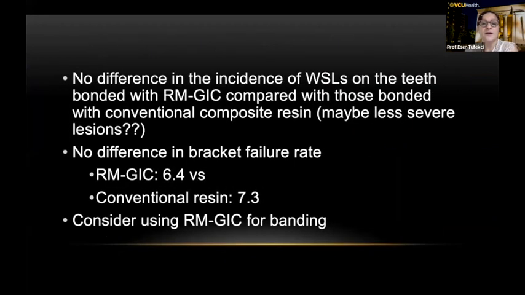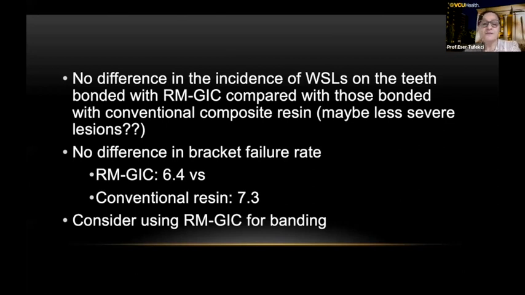And in detail, here is the bracket failure rate. Even though there was no difference in incidence between those two groups, resin-modified glass ionomer cement and conventional composite, the authors said that maybe there were less severe lesions, but the statement was not a strong one. It was maybe less severe.